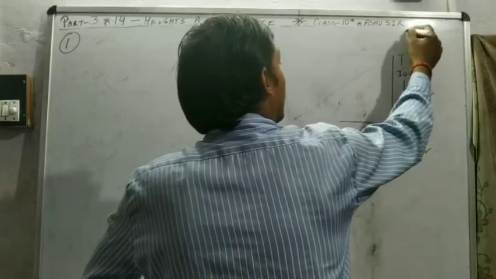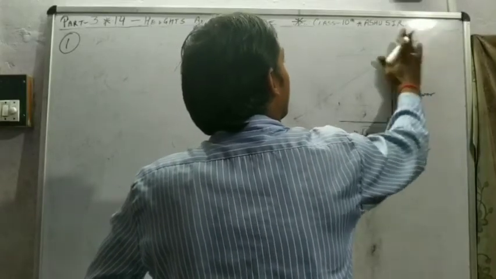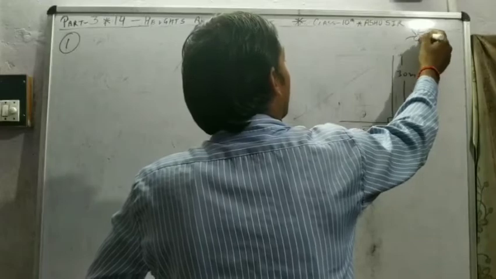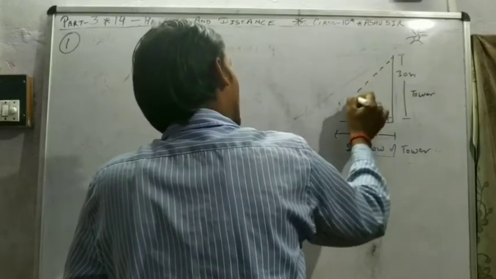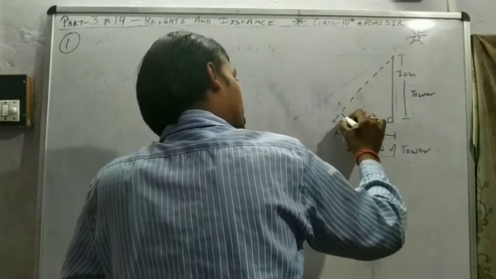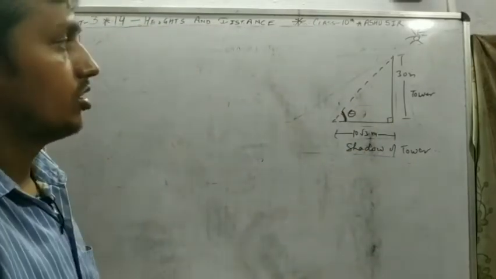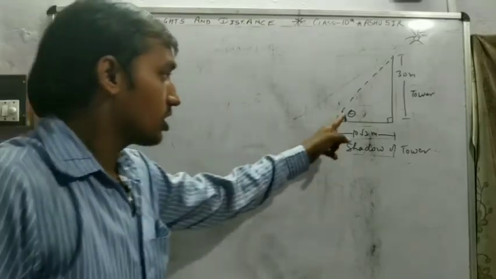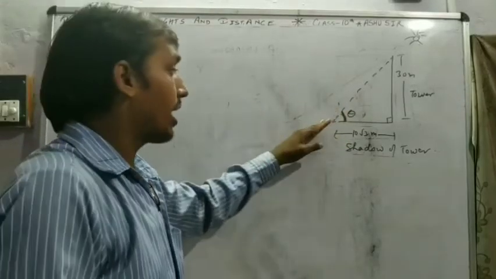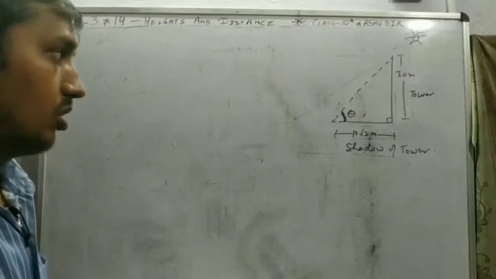So you know there's a sun. Light comes from this. So this is called the sun's altitude. This is the sun's altitude, or you can say angle of elevation of the sun.